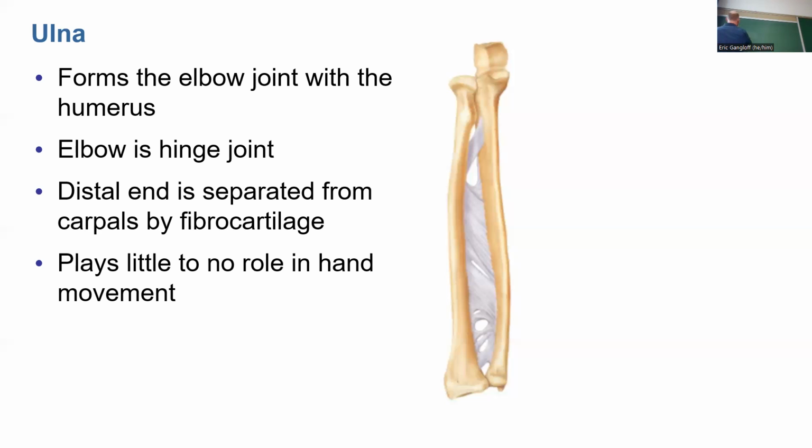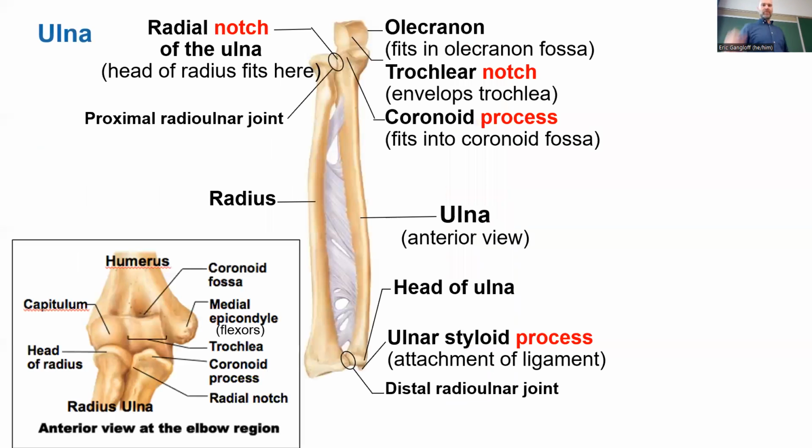So we have these two bones running parallel. The ulna articulates with the humerus at the elbow. And I'll talk about the radius in just a second, but I want to show you a couple features. A couple features you should know are these notches, the radial notch, the trochlear notch, and the coronoid process.